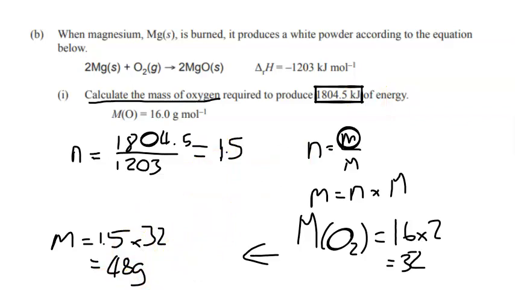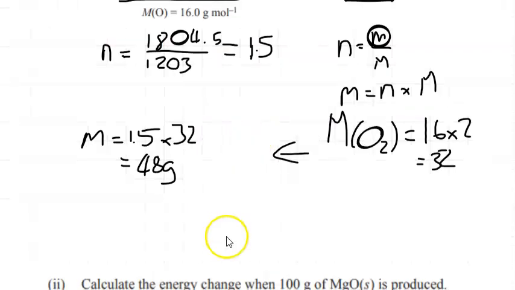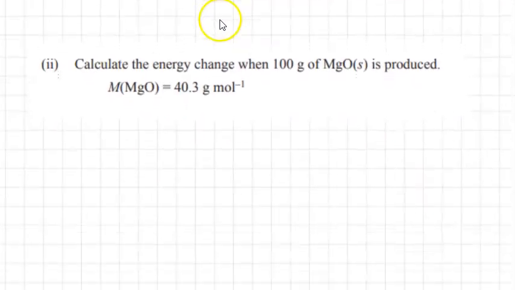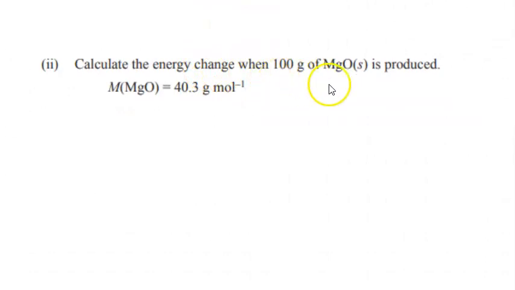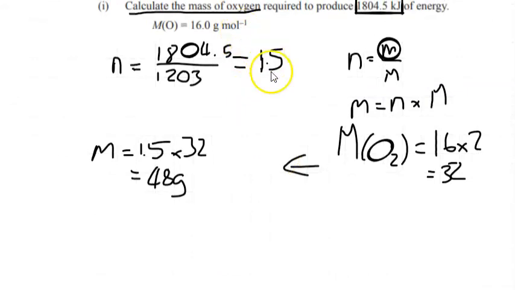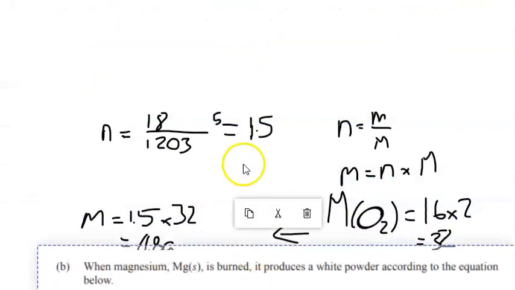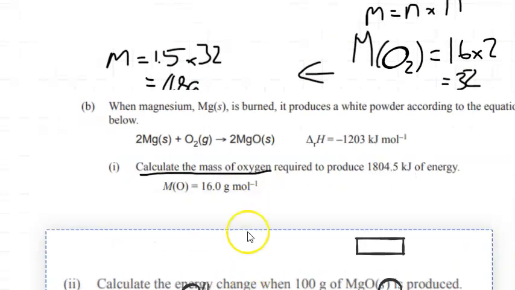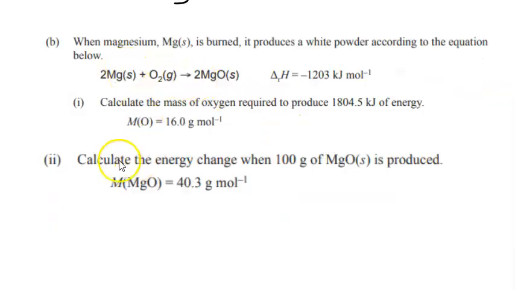The next question in last year's exam: calculate the energy change when 100 grams of magnesium oxide is produced. The way that we go about this is in 3 steps.